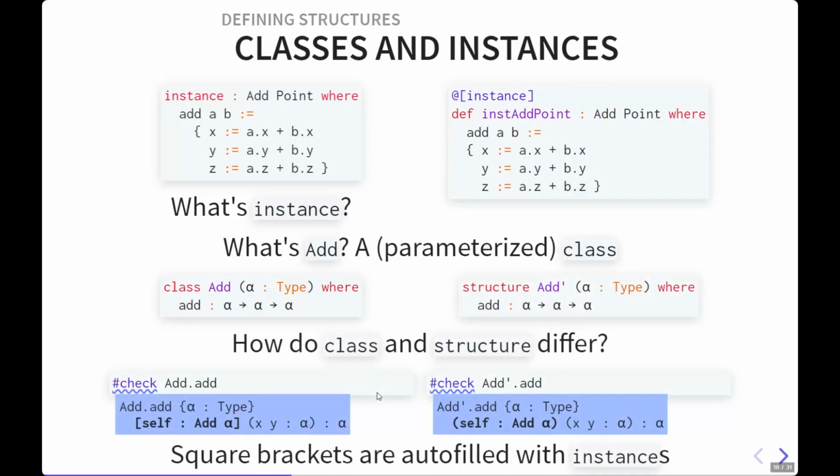What this means is if you're using the one with round brackets, you can't use add.add unless you explicitly pass inst add point. But if you use the one with square brackets, then Lean will fill that argument automatically for you. It will go over everything tagged with instance, and see which ones could fill that argument based on the other information it has. Classes are a bit like traits in Rust, or type classes in Haskell.